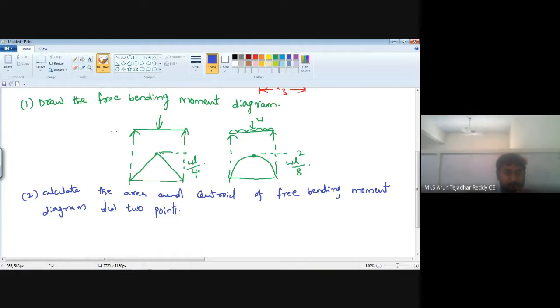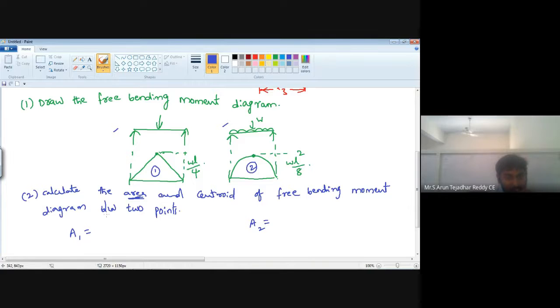See, this is the first diagram. This is the second diagram. From these two, calculate the area. Suppose it is A1, and here you can say it is A2. Once you check the first diagram, it looks like a triangle shape.